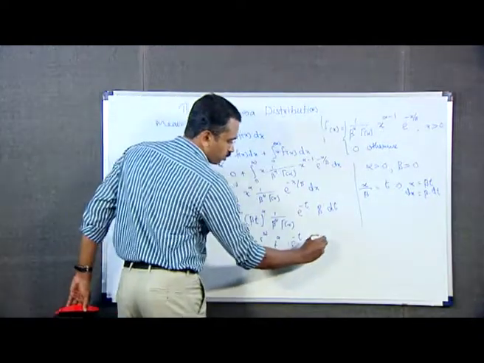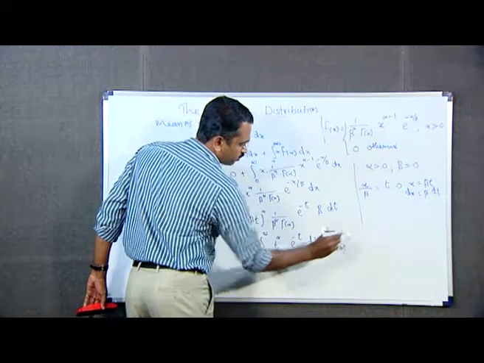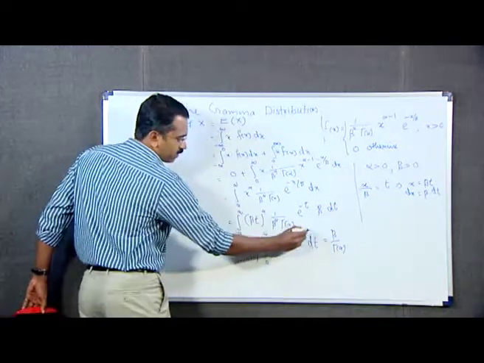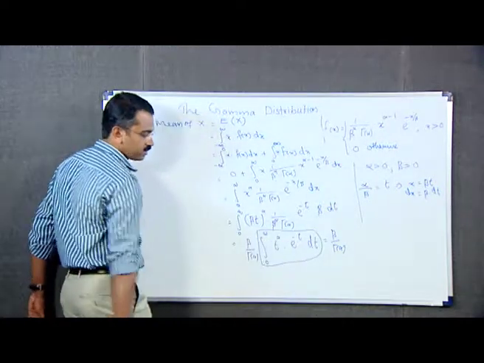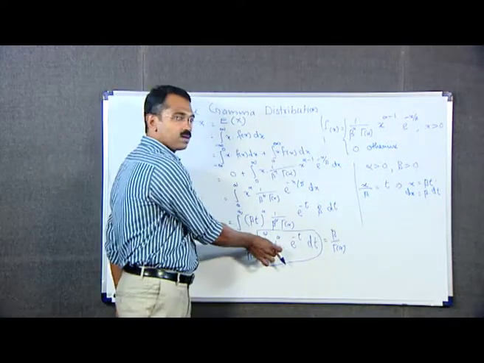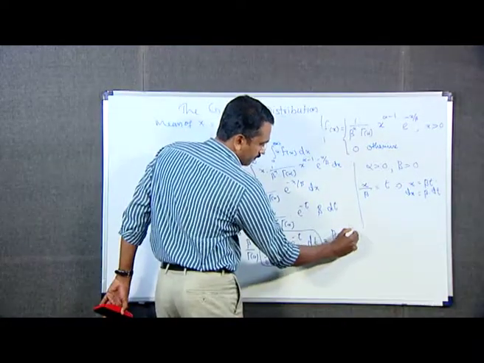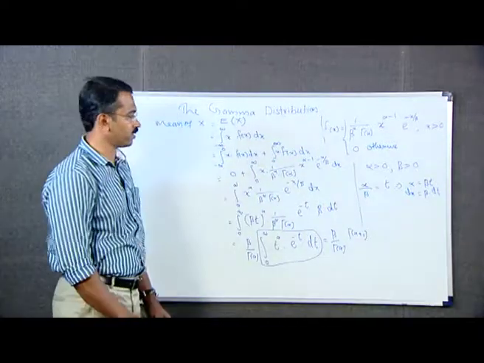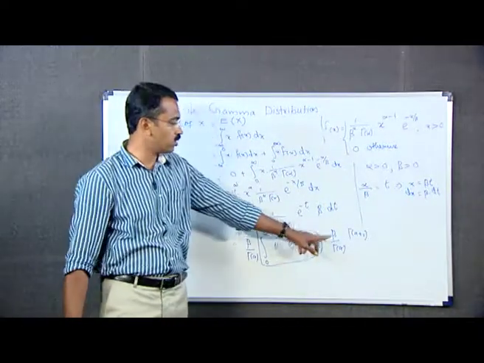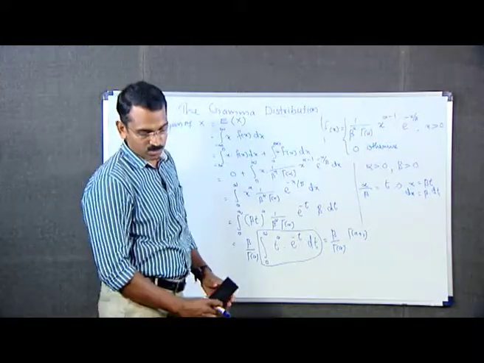which is equal to beta divided by gamma alpha into, by the definition of gamma function, this integral is gamma of alpha plus 1. That is, mean of x is equal to beta divided by gamma alpha into gamma alpha plus 1.